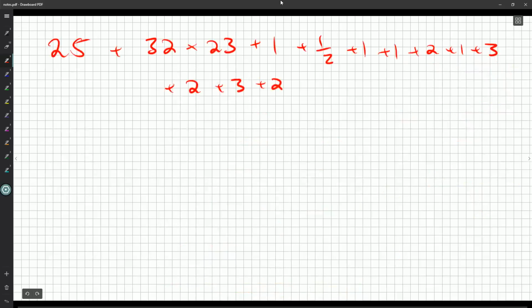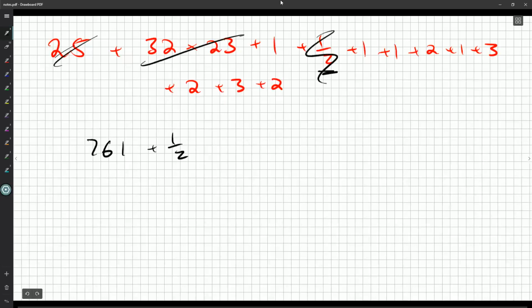All right, and let's get to calculating. Does this work out? Does this give me something good? So 32 times 23 is 736 plus 25, so this should be 761 and a half.